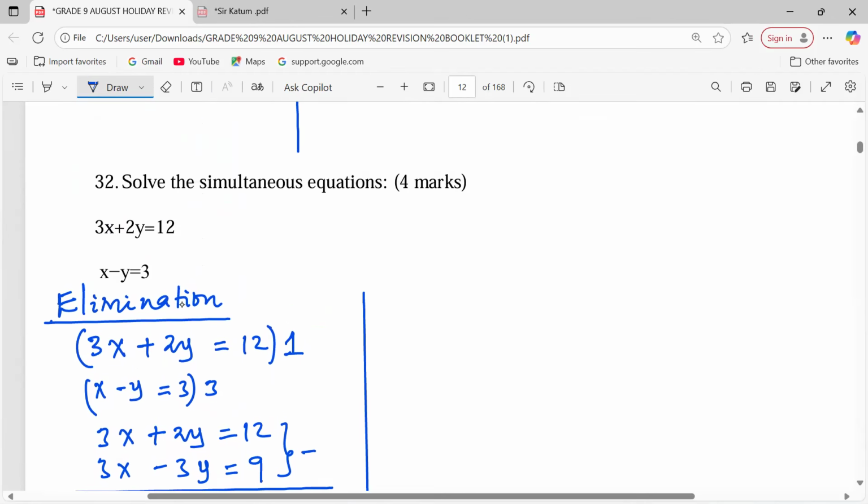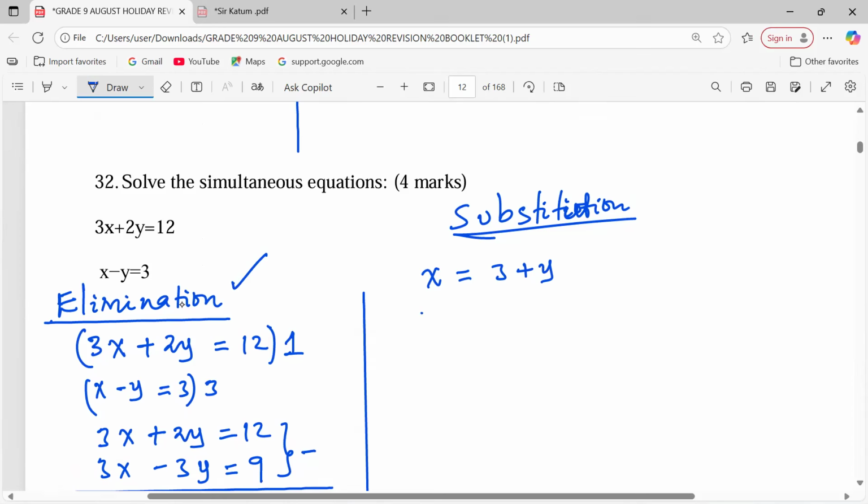Let's check the substitution method and whether it will give us the same. From equation 2, x equals 3 plus y.